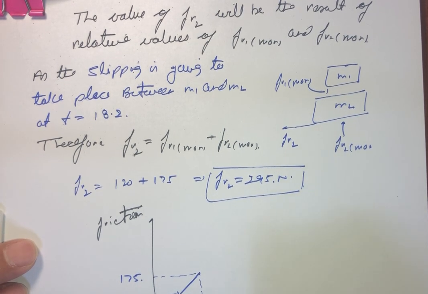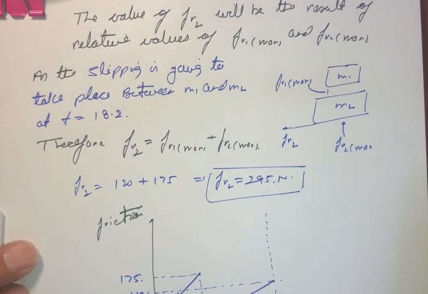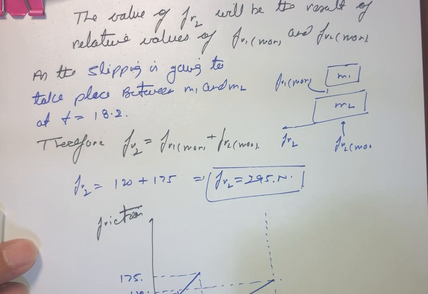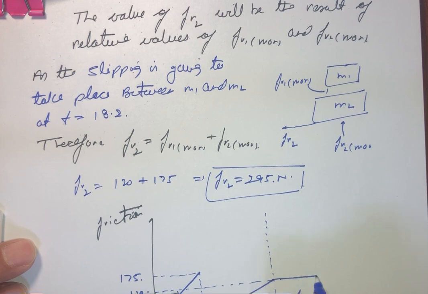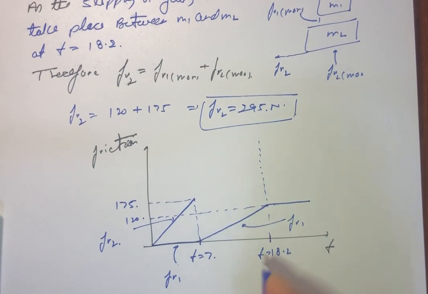Next, we were able to find that the maximum value of FR1 is going to take place at t is equal to 18.2, okay, and that maximum value is our 120. So this is our 120, and this is the equation of your FR1. So this is FR1, and now it is going to have a constant value. Sorry, I missed it.